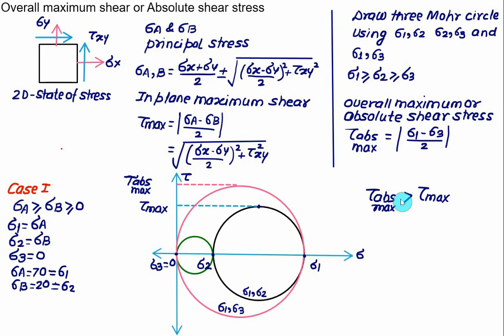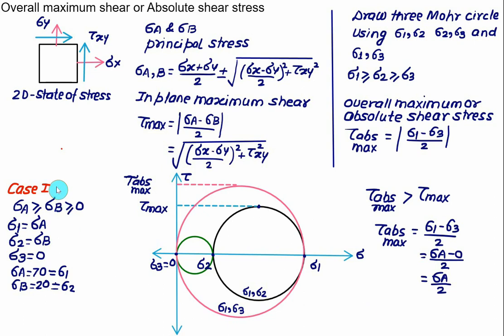Since here sigma 1 is equal to sigma A and sigma 3 is equal to 0, tau absolute maximum will be equal to (sigma 1 minus sigma 3) divided by 2, that is (sigma A minus 0) divided by 2. So this value is sigma A divided by 2.